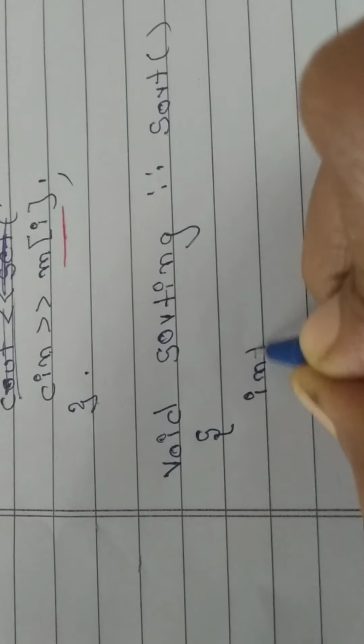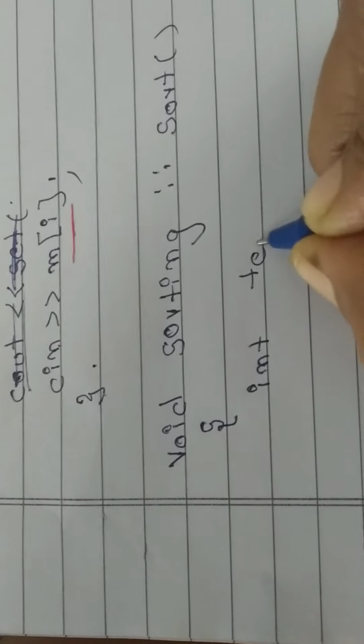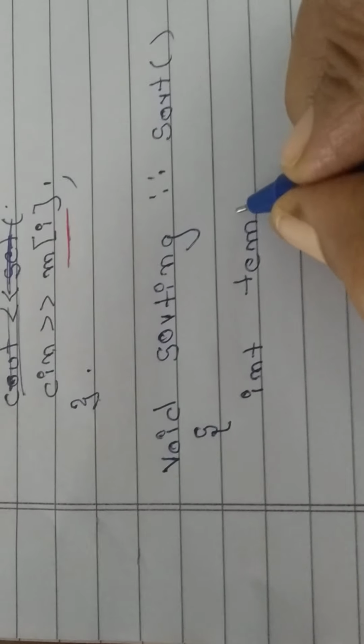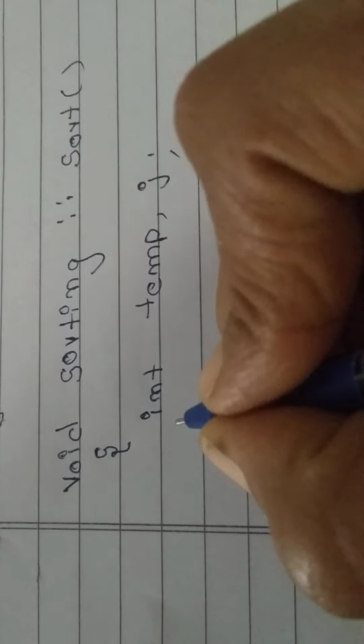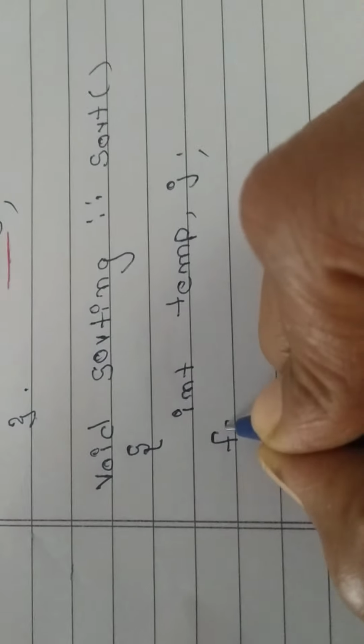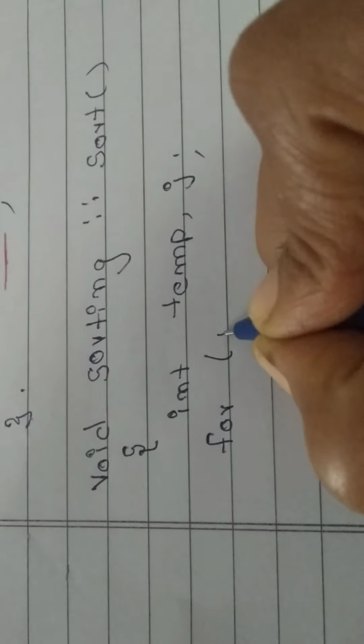Okay. So now look here. Int temp. Here also, whatever variables are there, we are just declaring those variables. Now for loop, when many elements are there, what will we be using? We will use a for loop.